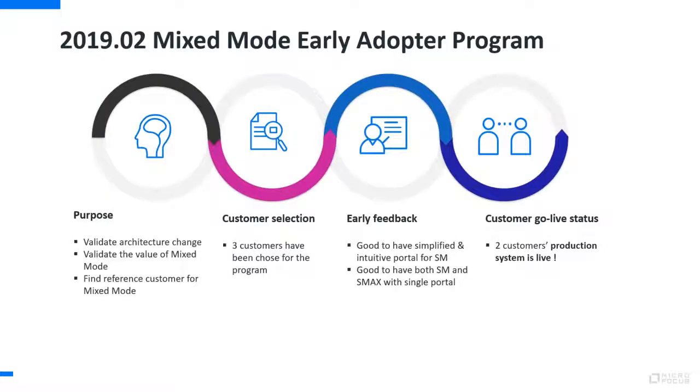About the early adopter program for the mixed mode, as you may know, in the February release for the mixed mode, we made a significant change. Firstly, we removed the Propel layer completely. That's an architecture change on the portal side.